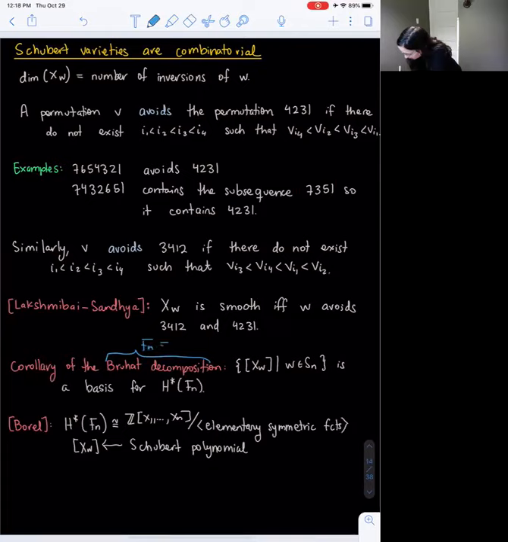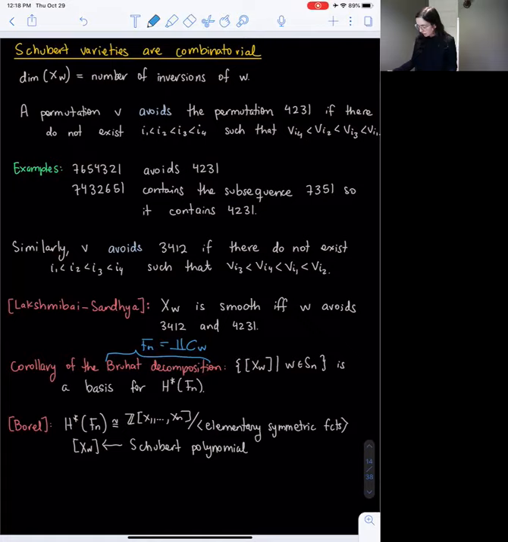flag variety is the disjoint union of the Schubert cells. And one corollary is that the classes of your Schubert varieties form a basis for the cohomology ring of your flag variety, an immediate consequence.